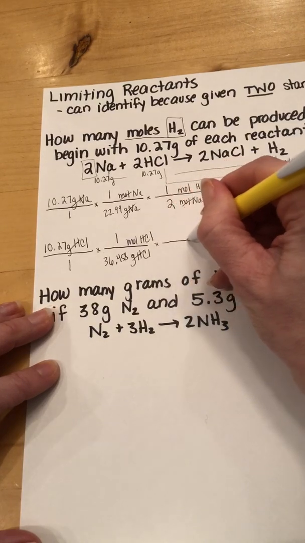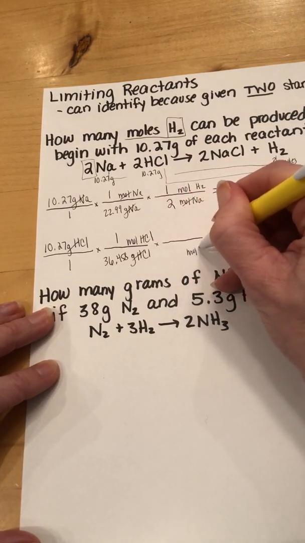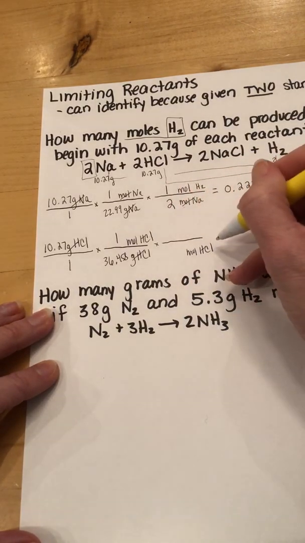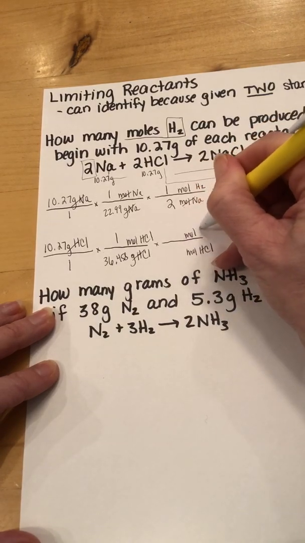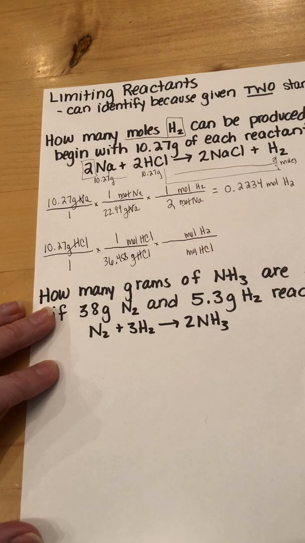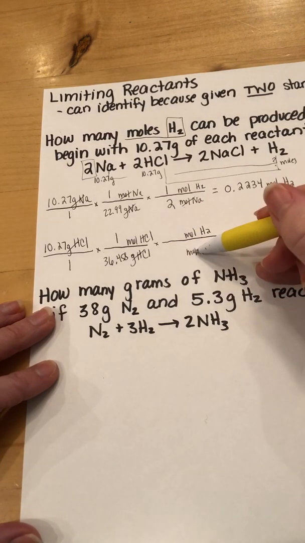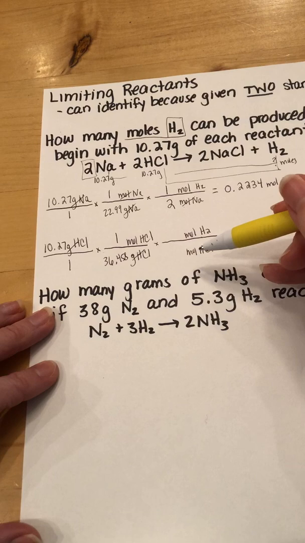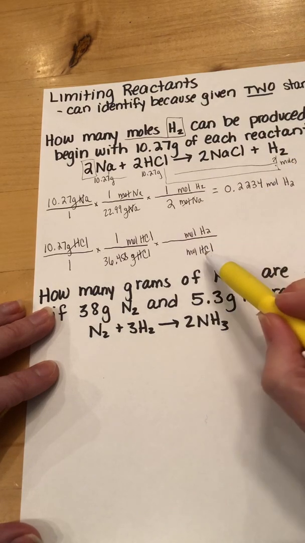Now that I'm into moles, my next step is going to be using the mole ratio to change from HCl over to the substance that the question asks about, which is hydrogen. So when I'm in the mole ratio, that's where I have to use the coefficients from the balanced equation.